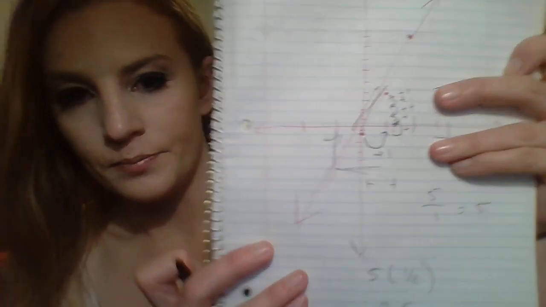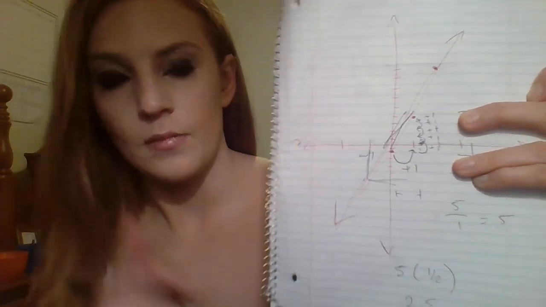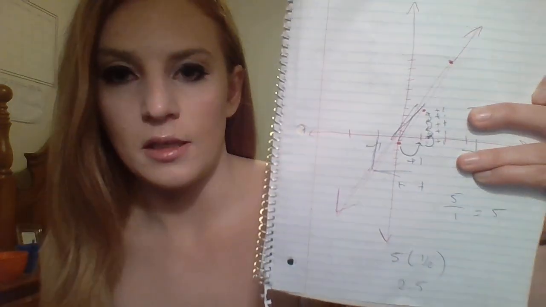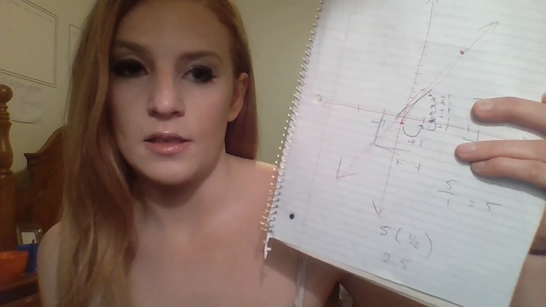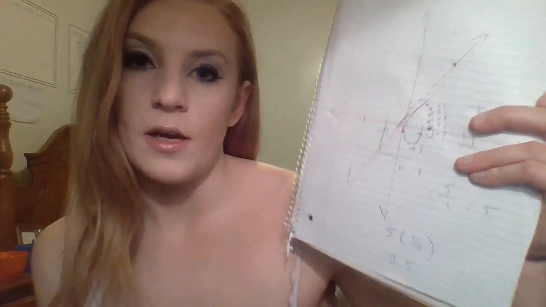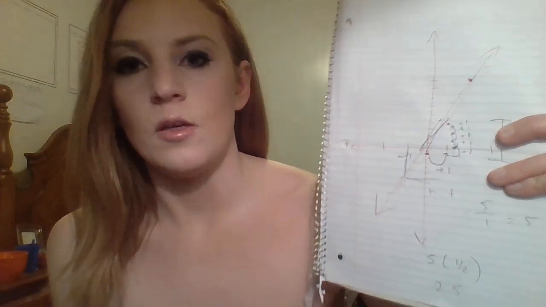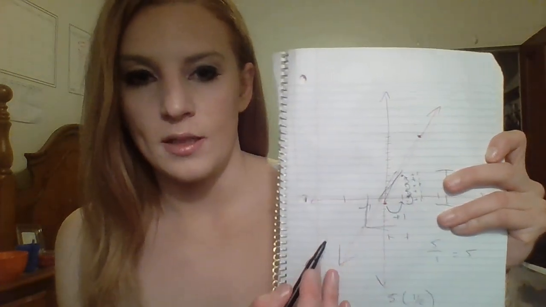So if we go down, since the line is decreasing, it looks to be basically around the -6. So if I drew it neater, it would show exactly where it is, but just to know that it's going in that general direction means that you're probably doing the math right. And that's the answer to the question.